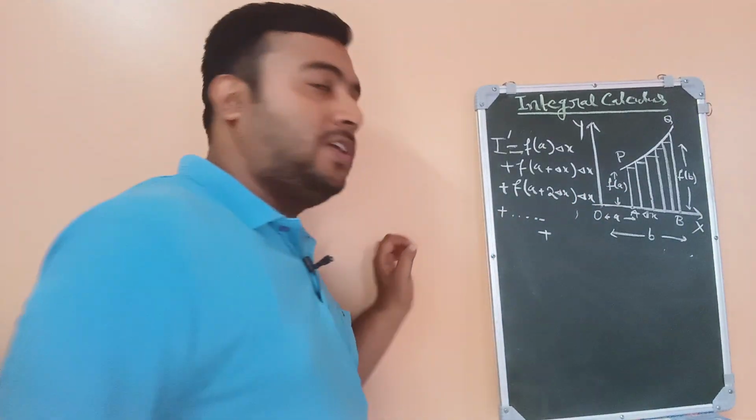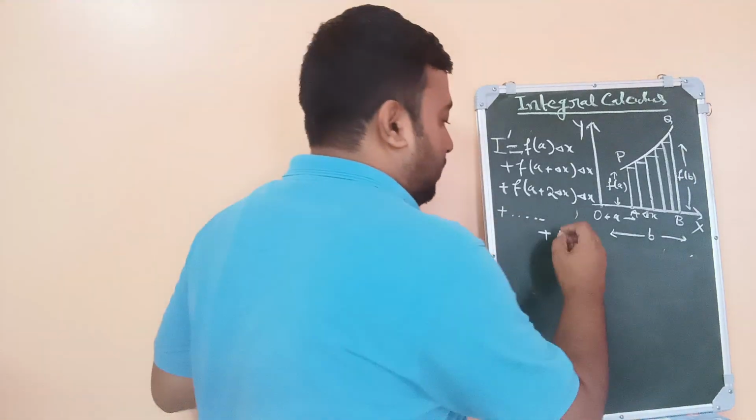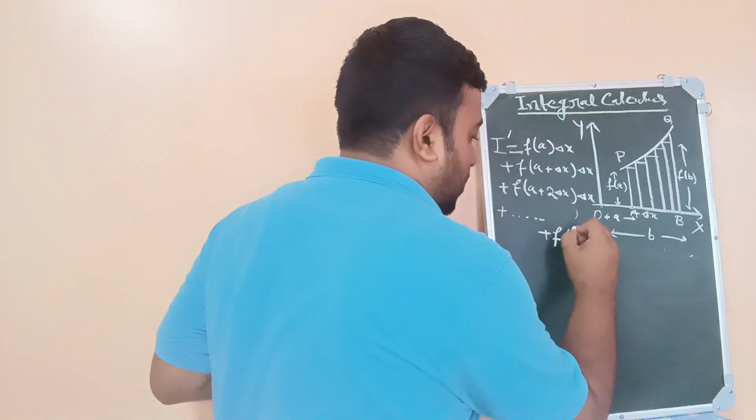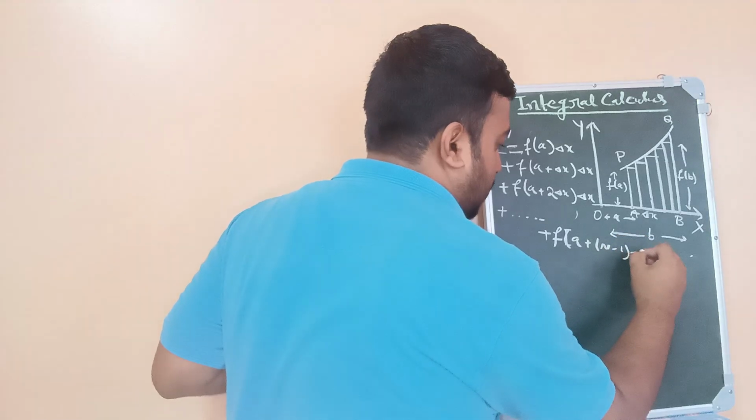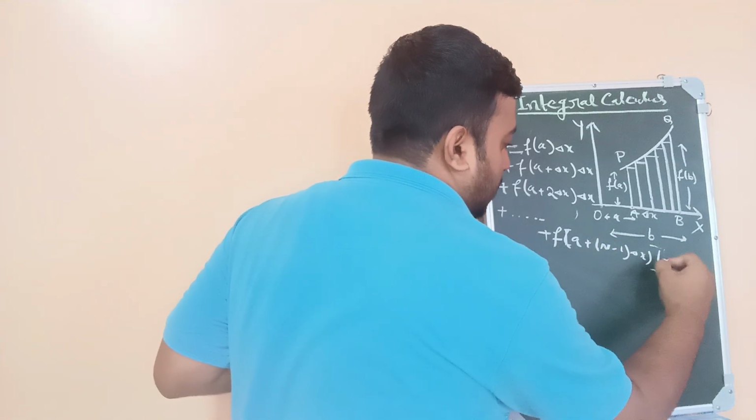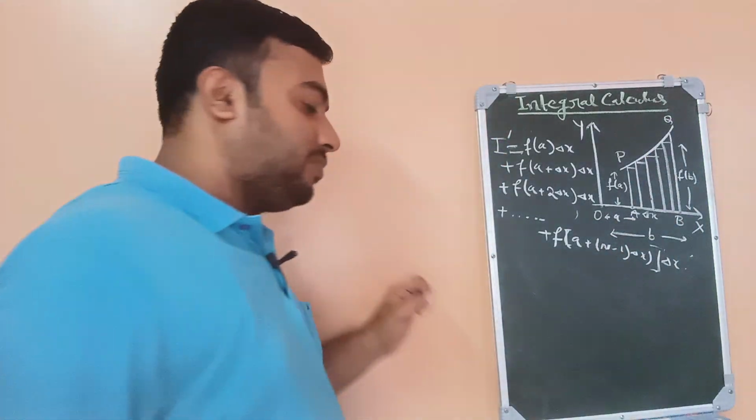How many rectangular bars are there? Capital N number. So f of A plus n minus 1 into delta x, the last one, into delta x.